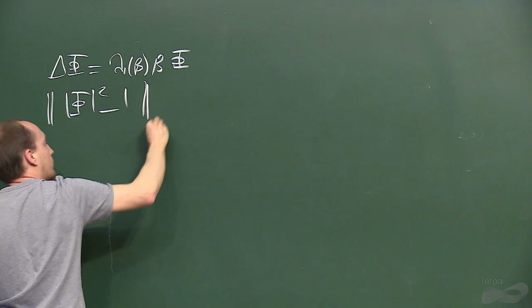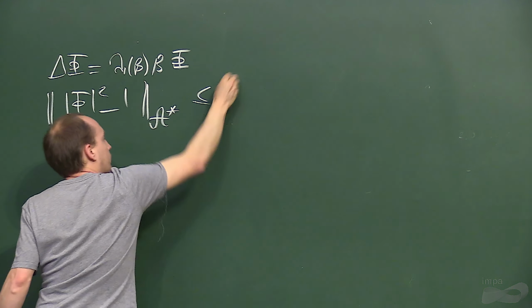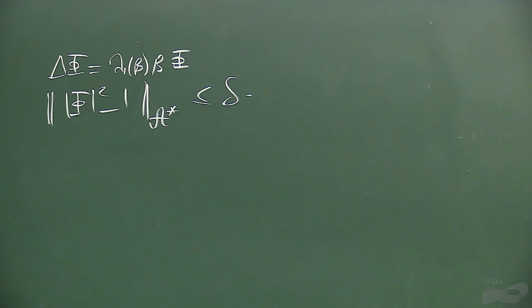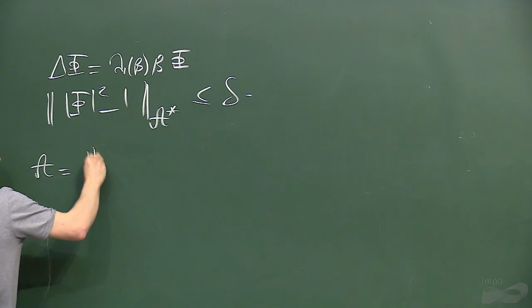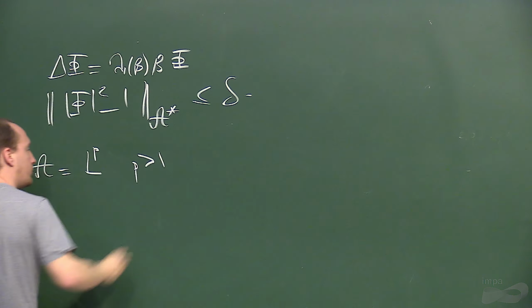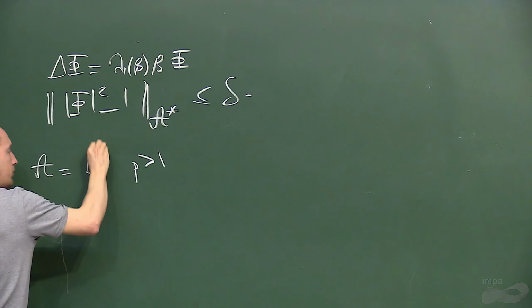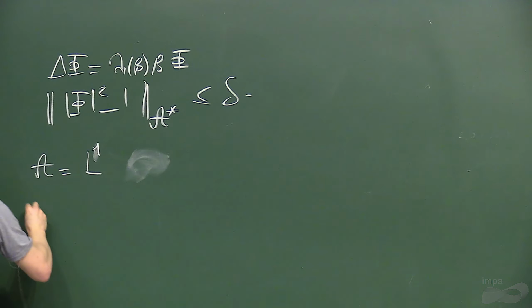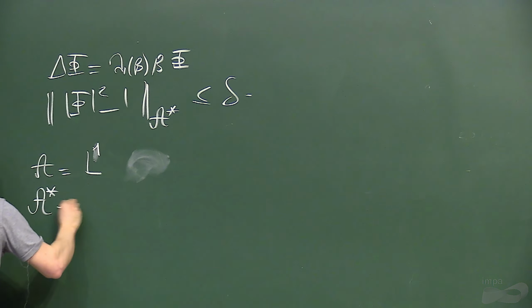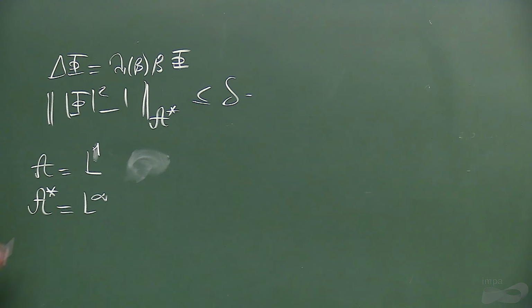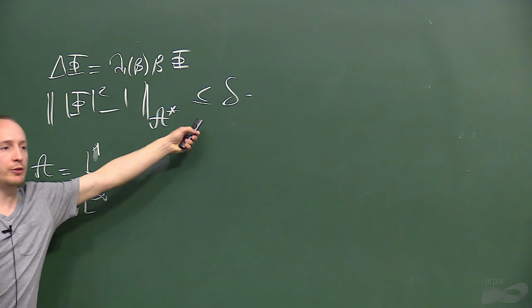So if you choose A as L^p for p bigger than 1, so if you choose A equal to L1, A star is equal to L infinity, so that you obtain an Euler-Lagrange condition which is in L infinity.